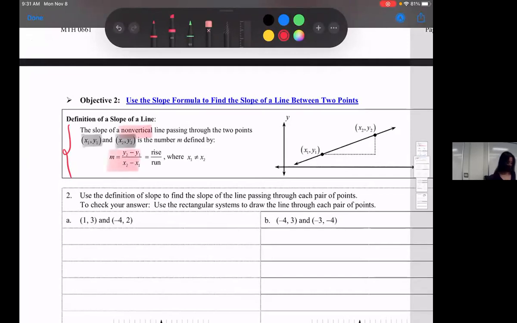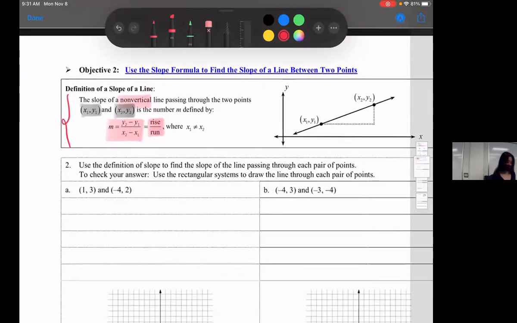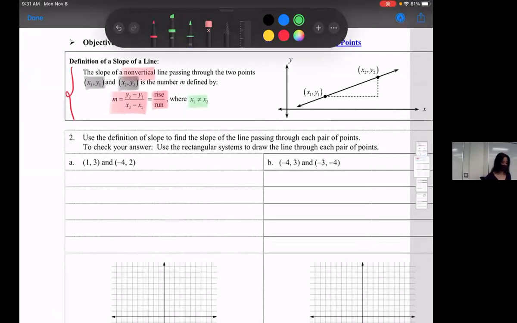So the difference of y over the difference of x. The difference of y is your rise, the difference of x is your run. x1 cannot be equal to x2. Why is that? What happens when they're equal? Yeah, it's on the bottom, right? That's why you have to have that condition.